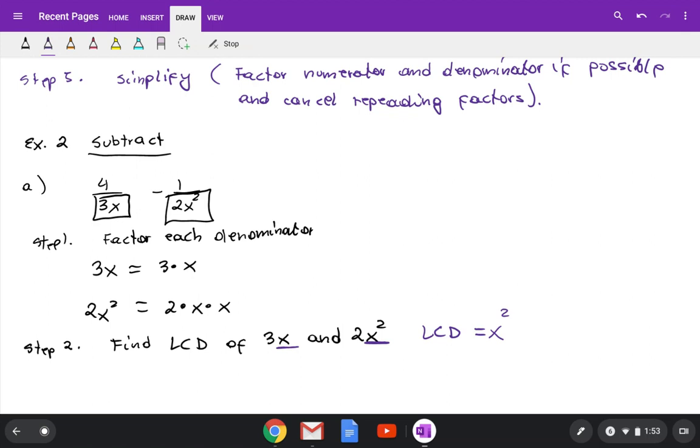And then when you're finding LCD, the divisor which can divide each of them, you can't skip any of the factor. So from the first denominator, you have still factor 3, which you have to copy down. And from the second denominator, you still have factor 2, which you can't ignore. So your LCD is 3 times 2, which is 6x squared. Okay, this is our LCD, least common divisor.